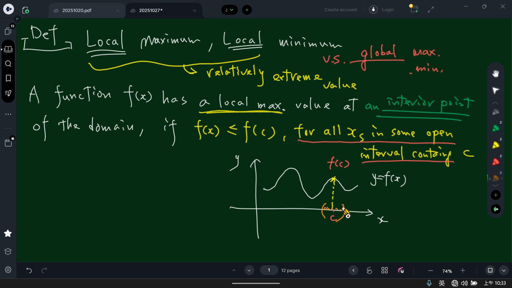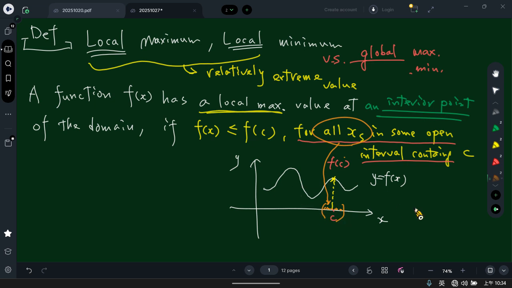If you can find an open interval which contains c, then for all x here, when you use this x as the input for the function, the value is less than or equal to f of c. So you can see it's just a local maximum, right? It's not a global maximum.